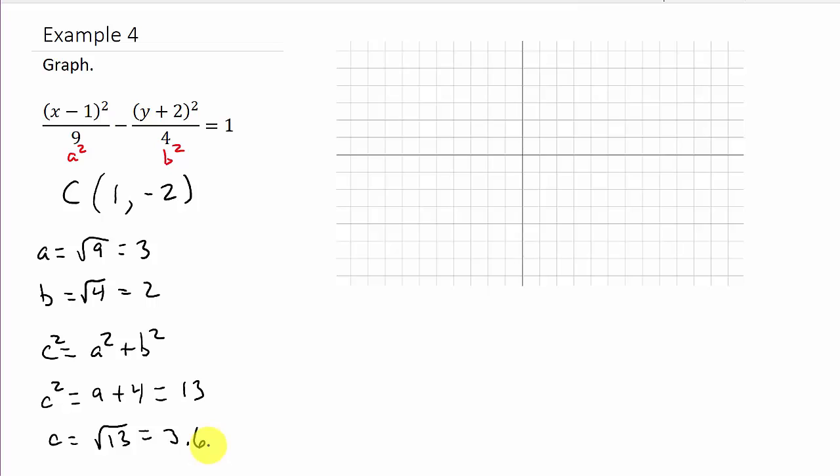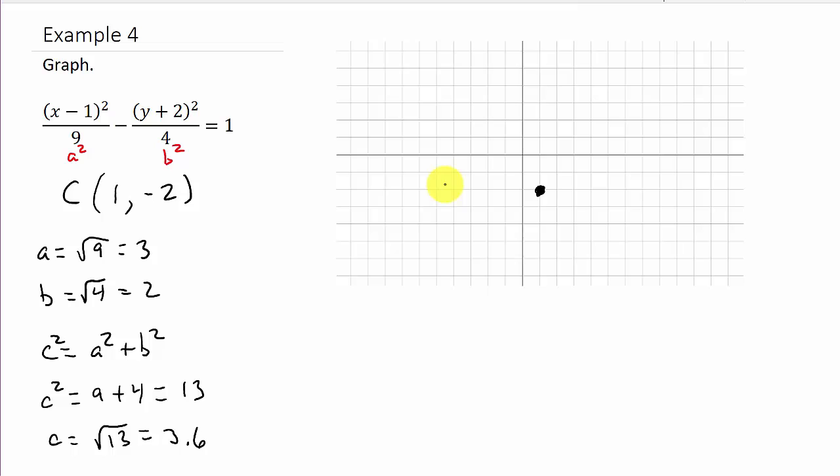Alright, so first thing we need to do is let's go ahead and plot the center. So I've got 1, -2. Okay, so there's the center. Alright, so now, the a term, a squared, is under x. So this a is 3, so we've got to move 3 units to the right and 3 units to the left.